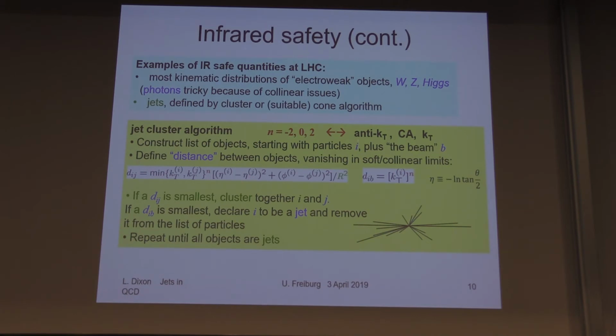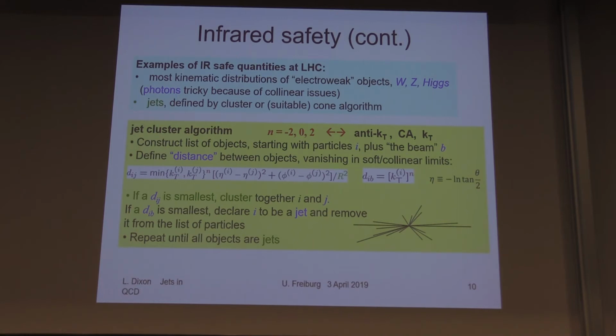And then Gavin Salam realized, and I guess Cacciari, that if you switch the exponent from 2 to -2, then you change the properties and you made the jets much more circular, which made it a lot easier to estimate various sorts of contributions that go beyond perturbation theory. In any event, these cluster algorithms, because they operate on this hierarchical principle, tend to be completely unaffected once you go into these soft and collinear limits.